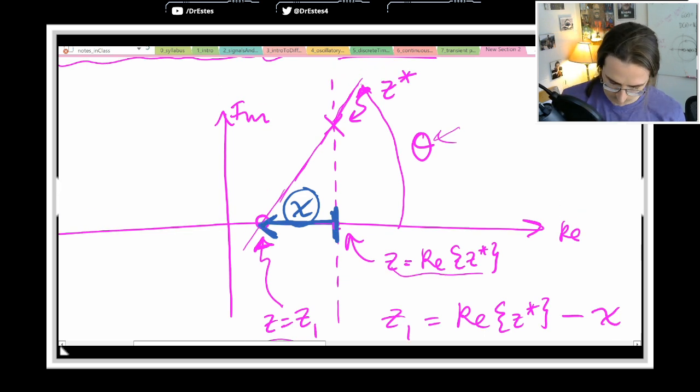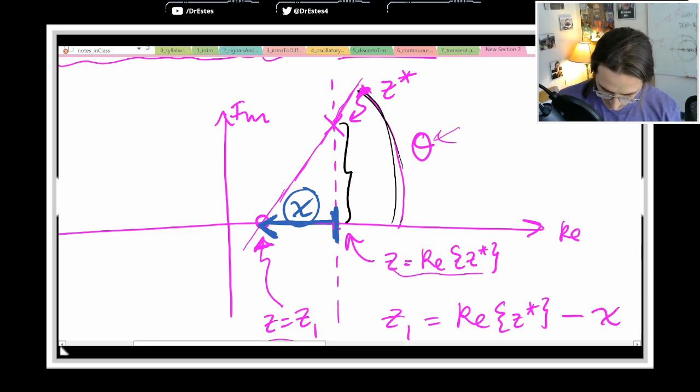The way that I've made this coordinate, x is positive in this orientation right here. But we can just use trig, because I know the angle in this triangle, it's theta. I know this height. This height is the imaginary part of z star. So it goes down from 0 up to here.